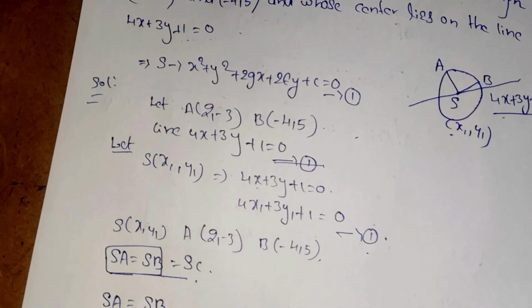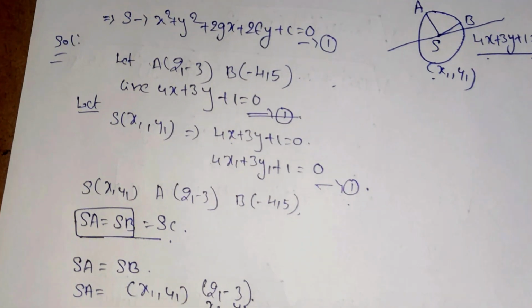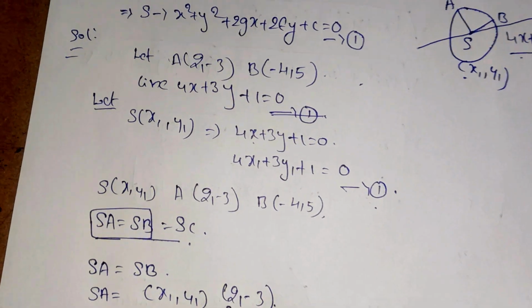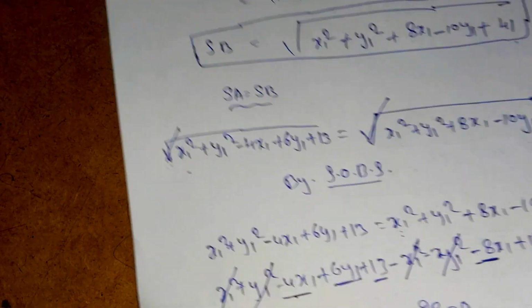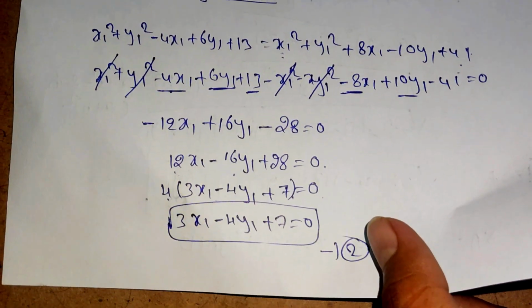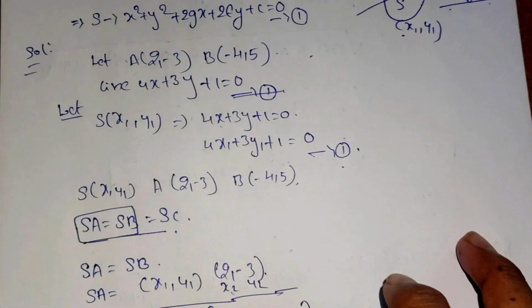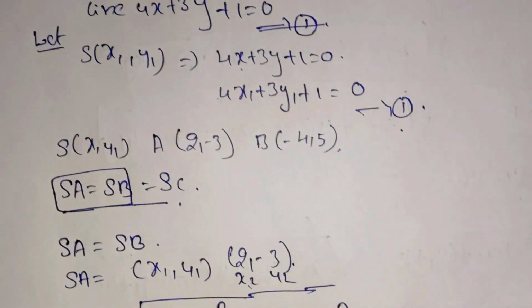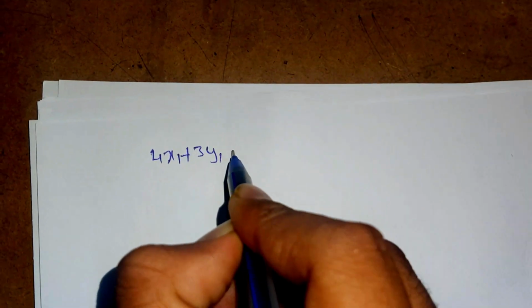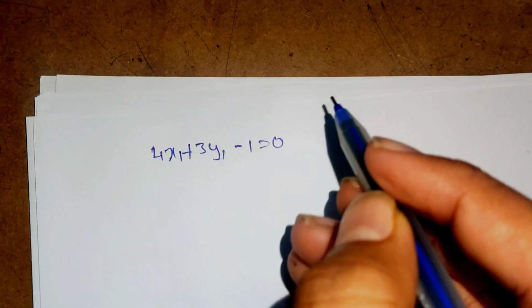For getting the solution, it's a must to solve equation 1 and equation 2. What is equation number 1 here? Equation 1 is 4x1 plus 3y1 minus 1 equal to 0.